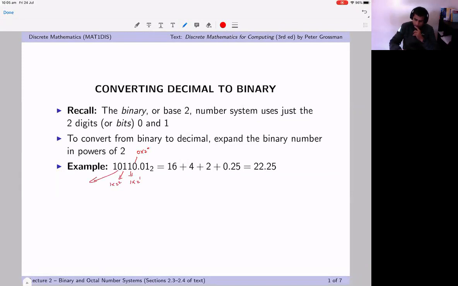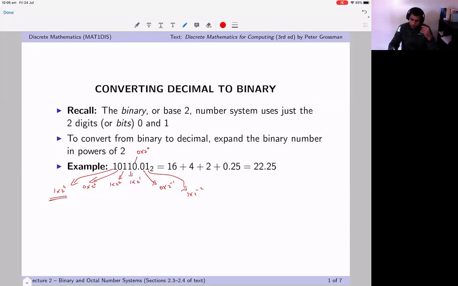This is 0 times 2 to power 3. And that is 1 times 2 to power 4. Similarly, on the fractional side, this would be 0 times 2 to power minus 1, and that one is 1 times 2 to power minus 2. So this is written in terms of place values, I mean, how we are going to write them.